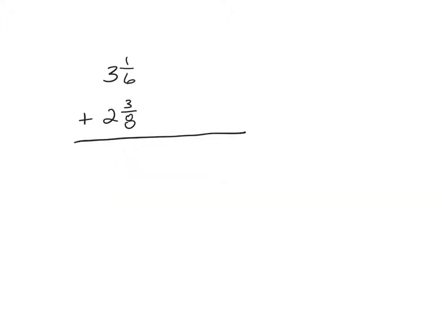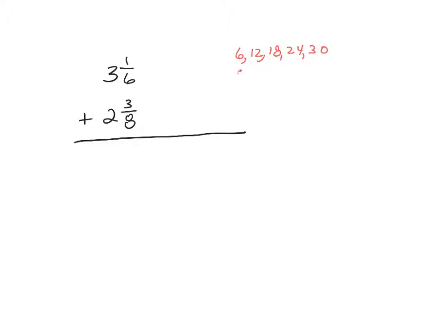Here's another example, but this time the two fractions that I have do not have the same denominator. So I need to go through and get a common denominator for those, and the numbers that I have are 6 and 8. So as I do that, I'm going to figure out, what's the least common multiple of 6 and 8? For 6, skip counting, it's 6, 12, 18, 24, 30.